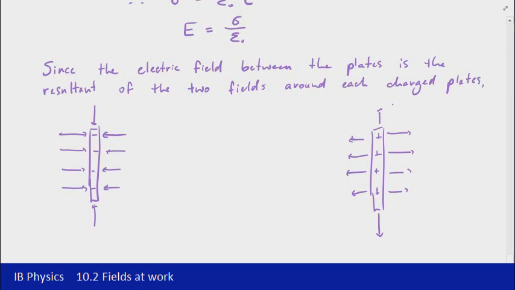That means then that the electric field near a single charged plate will simply be half of that value that we've got at the top of the screen there.